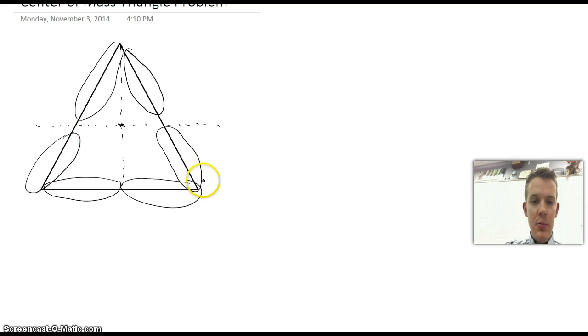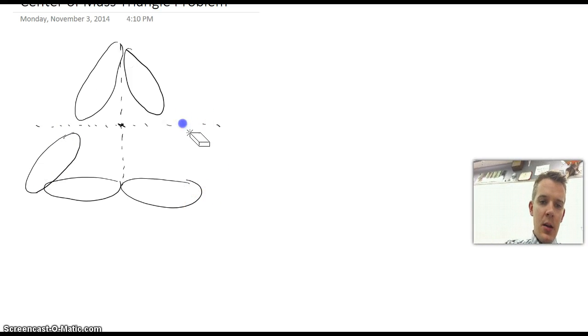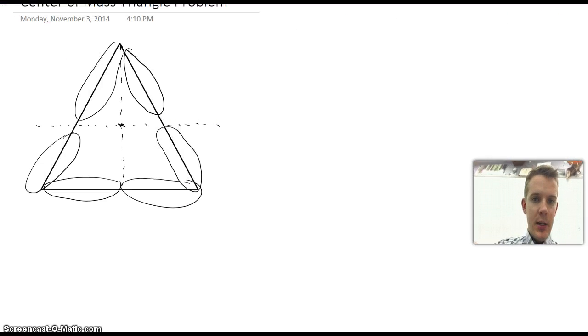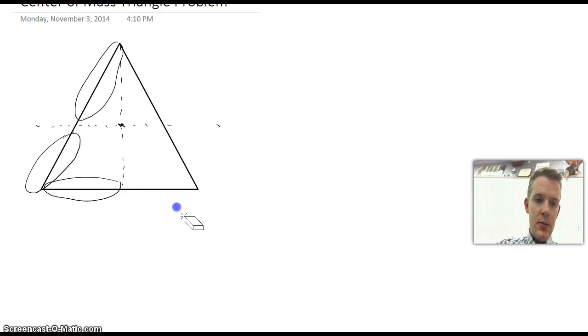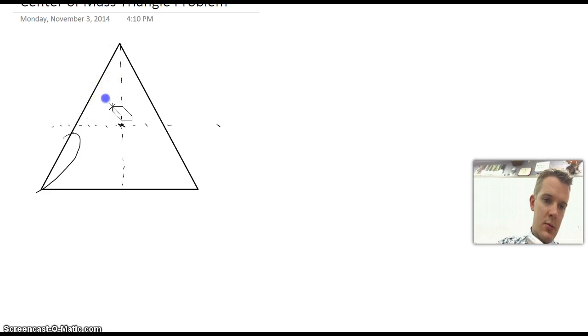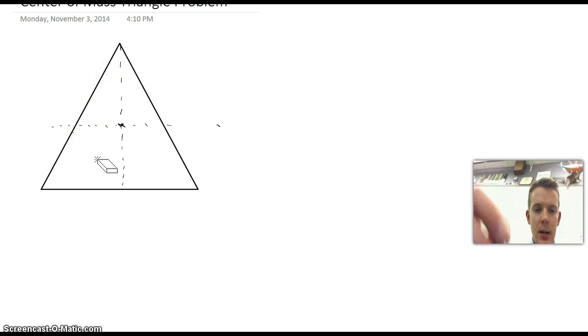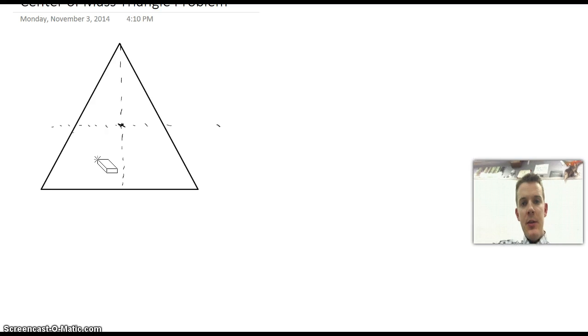So there's more material on the bottom, so that can't be the center of mass. Oops, sorry about that. I erased my triangle. So let's get rid of these little circles here. The symmetry argument works for up and down right now.